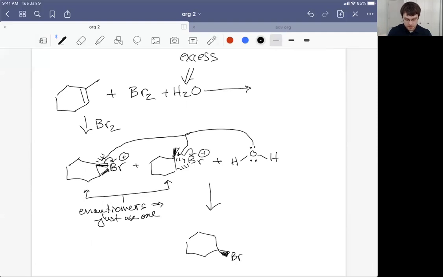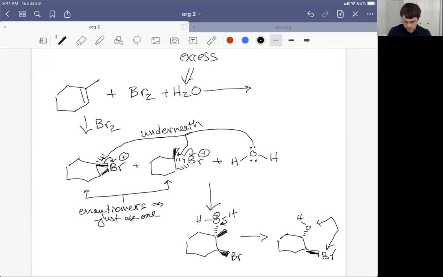So this is going with underneath attack, and that's going to actually position the methyl group to be up, and the water came in opposite that of the ring. So the methyl group is pushed up, the water came in opposite or underneath the forming ring to give us an intermediate where the oxygen has 2 hydrogens. We just need to lose one of those, and we have our OH and our Br.